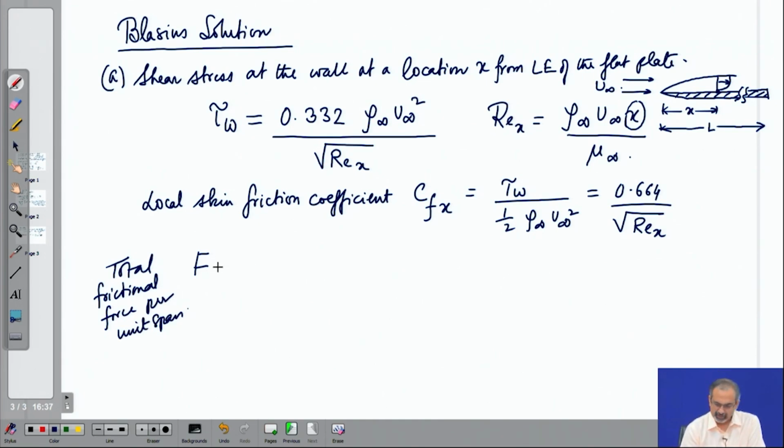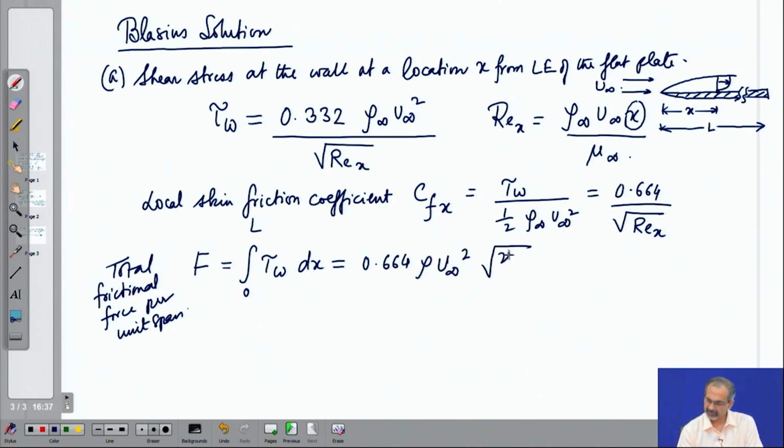If you consider unit length, you basically integrate the expression for tau w over the entire length of the plate. And what does it work out to be? If you integrate, you will find that it comes out to be this expression.